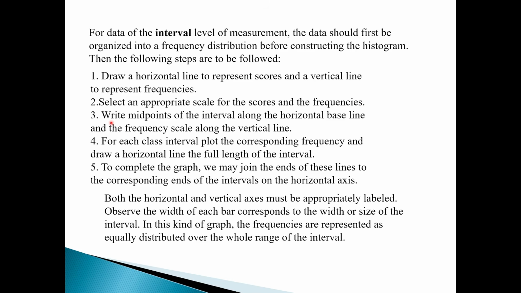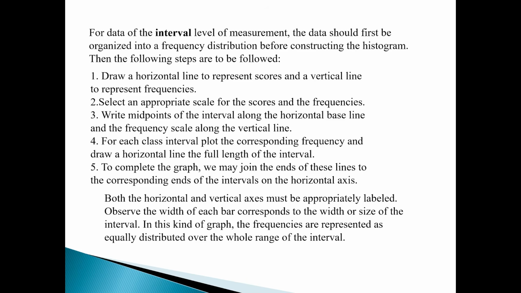Write midpoints for the intervals along the horizontal baseline and the frequency scale along the vertical line. Next, for each class interval, plot the corresponding frequency and draw a horizontal line the full length of the interval. Lastly, to complete the graph, we may join the ends of these lines to the corresponding ends of the intervals on the horizontal axis.